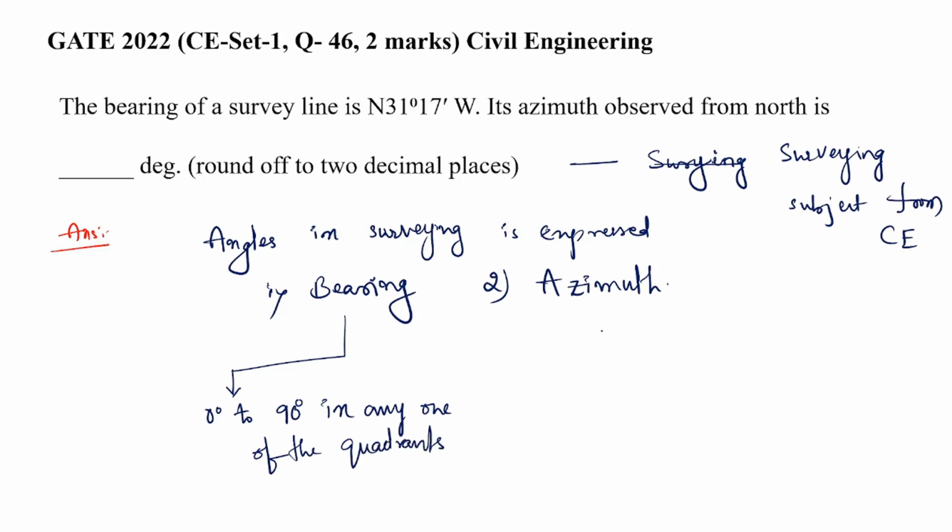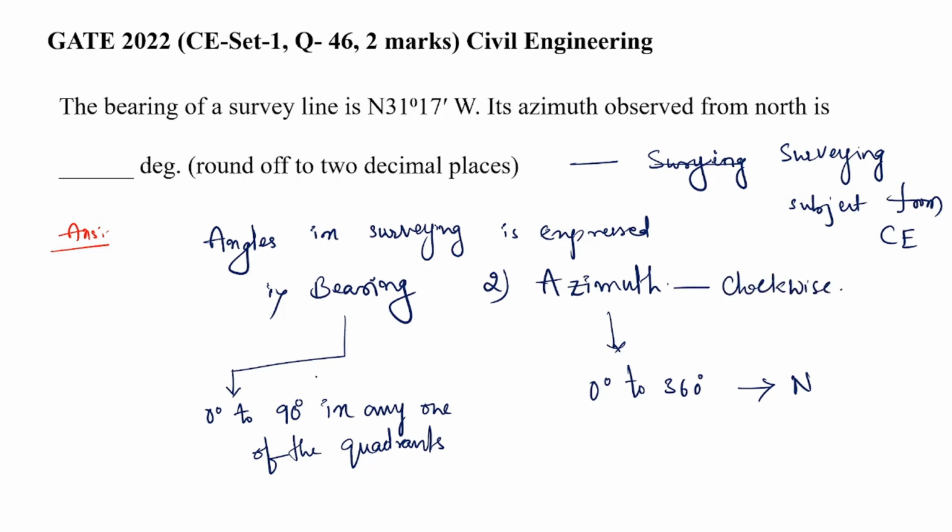Azimuth is an angle expressed between 0 to 360 degrees, generally from the north direction, and it is mentioned in the question, azimuth observed from the north. Azimuth is generally measured clockwise.